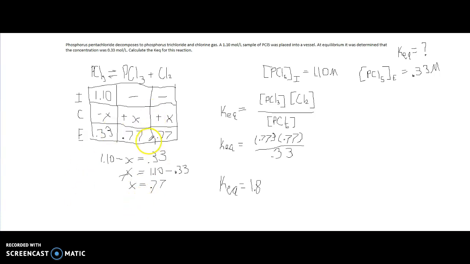Then you just plug those back into your ICE box, so now you have all of the equilibriums for each of the parts of your problem. So then you know that the KEQ equals the concentration of PCl3 times the concentration of Cl2 divided by the concentration of PCl5. Then you just plug in the numbers and you get KEQ equals 1.8.